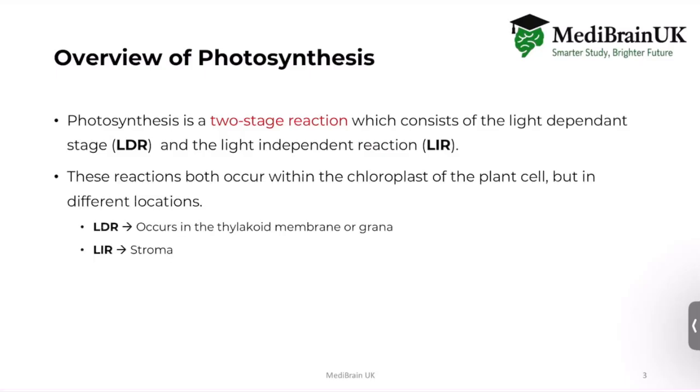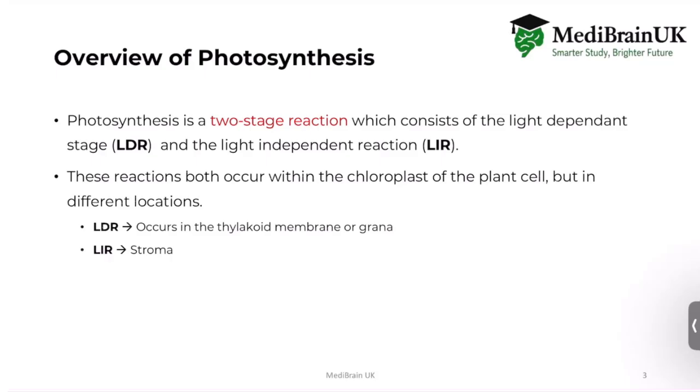Okay, now both of these reactions, the light-dependent reaction and the light-independent reaction, they occur within the chloroplast. However, they occur at different areas of the chloroplast. And if you think back to cells and the structure of cells, we had a look at the structure of a chloroplast and the key structures of each of the organelles that you are required to know.